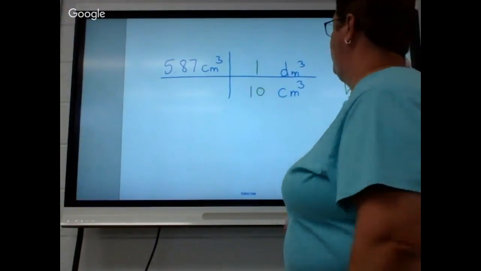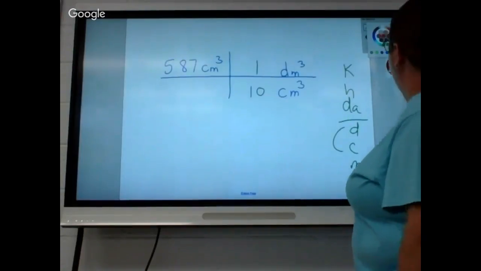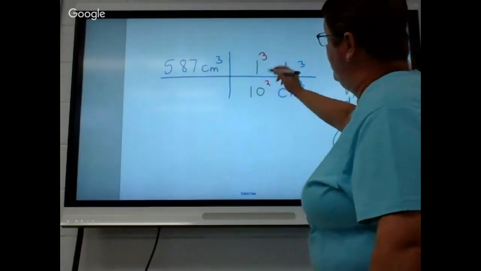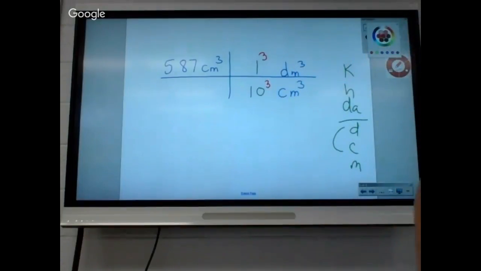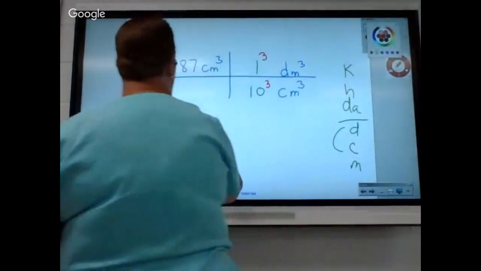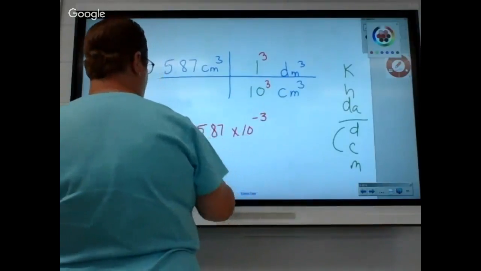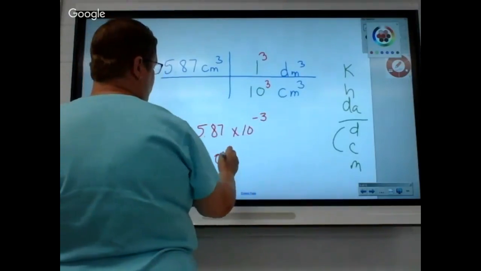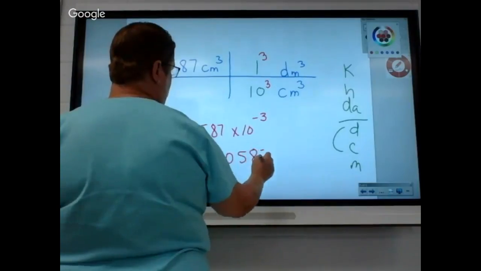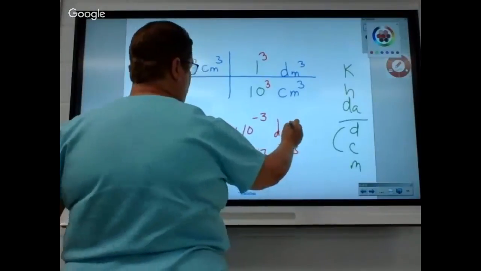All right. What's different about this question and that question? It's cubed, so I'm going to cube the 1 and the 10. So when I do that, I have 5.87 divided by 10 raised to the 3rd, and I get 5.87 times 10 to the negative 3rd. And if I change that into normal notation, I get it like that.